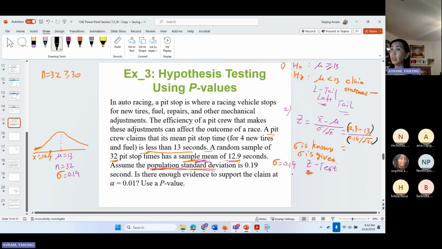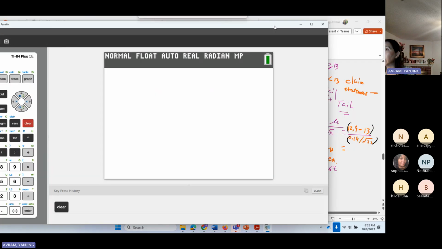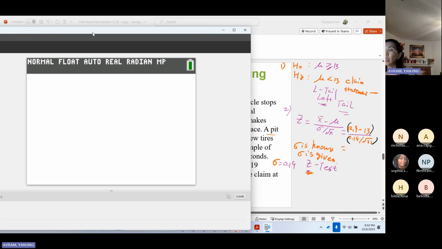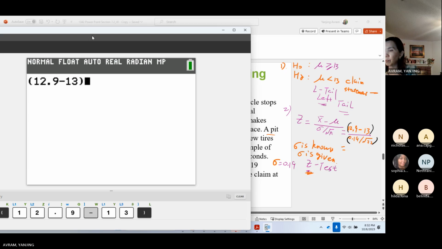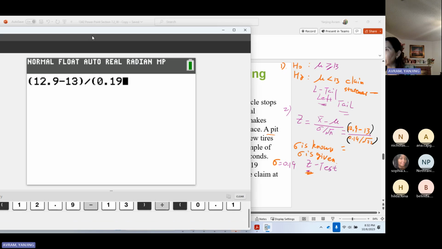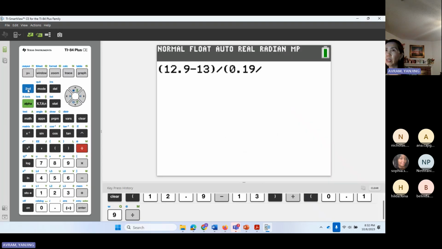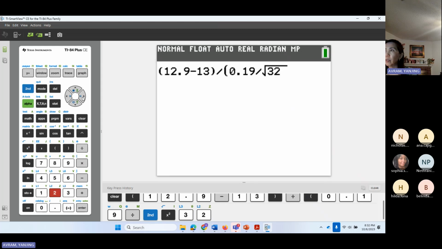If you don't, you'll get an incorrect answer. The denominator also needs parentheses because you have two items, and then the square root of 32. Make sure you close the parenthesis.